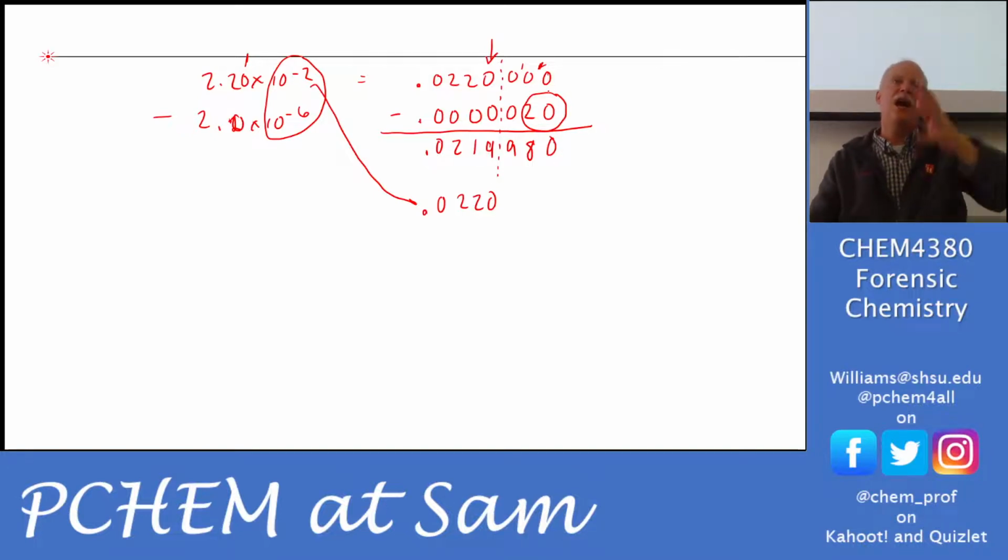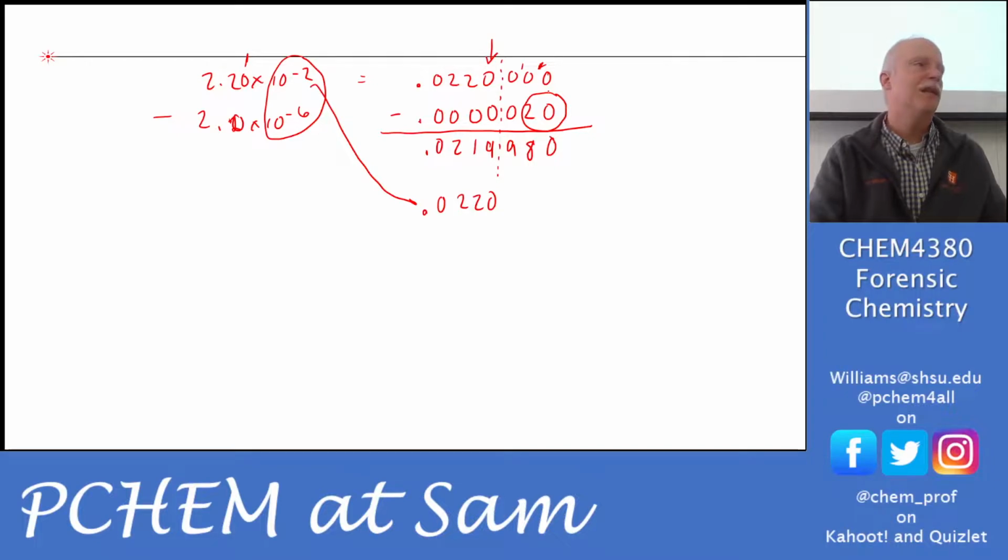The rounding rules tell us where our certainty is, and they keep us from producing something misleading.